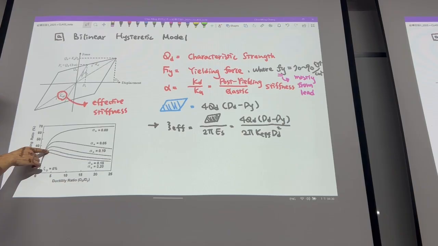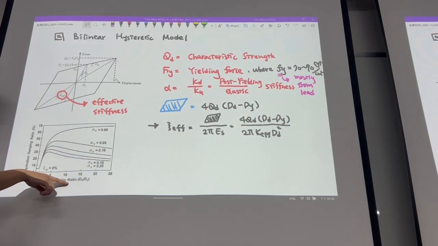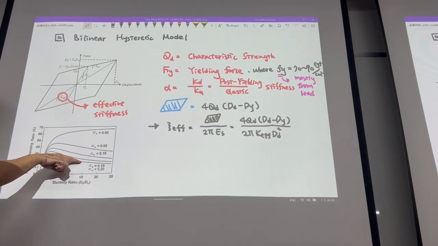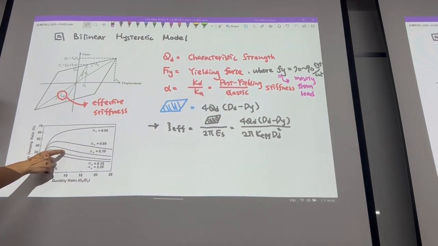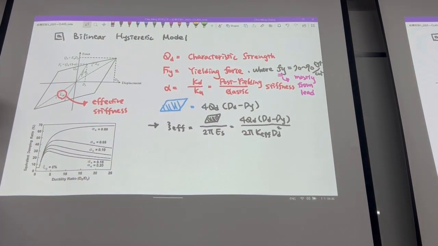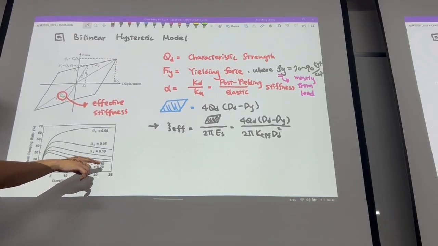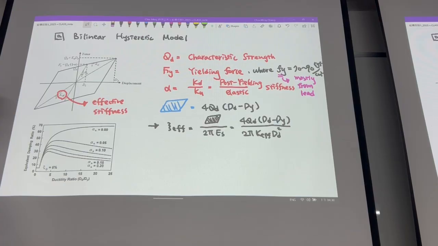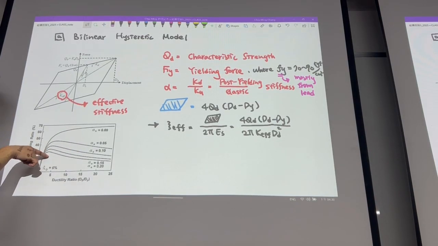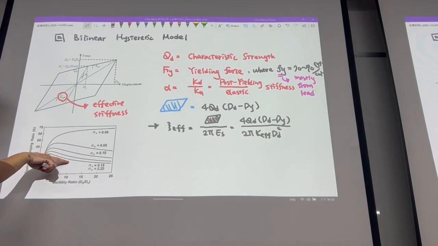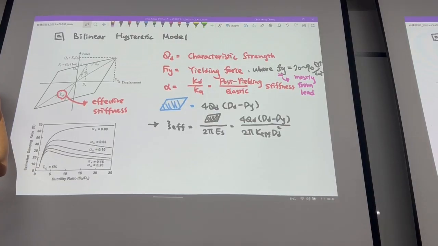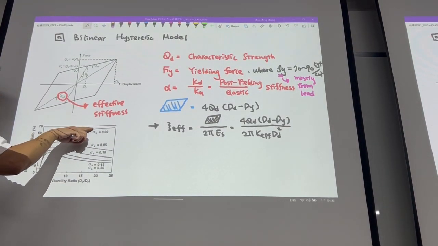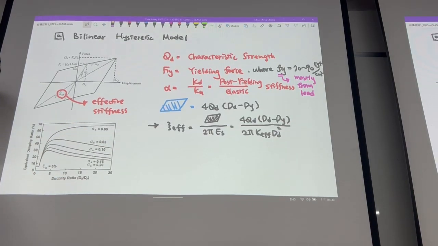But after a certain amount of ductility, this number will drop. Okay, so you have to remember this one. Then if this stiffness ratio is higher, highly likely after a certain amount of ductility, you will see the dropping behavior. Okay? If it's an EPP, then of course you will keep increasing your damping.